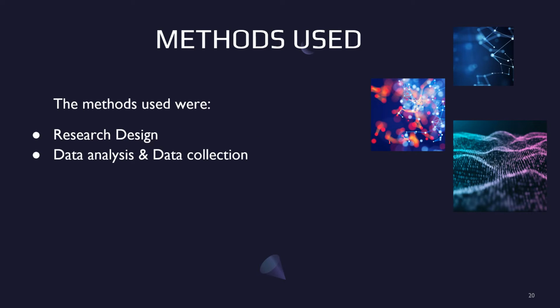In this study, the methods that were used were research design, and there are 4 types of research design methods, and particularly the ones that were used in this study were descriptive research design, correlational research design, and also experimental research design.